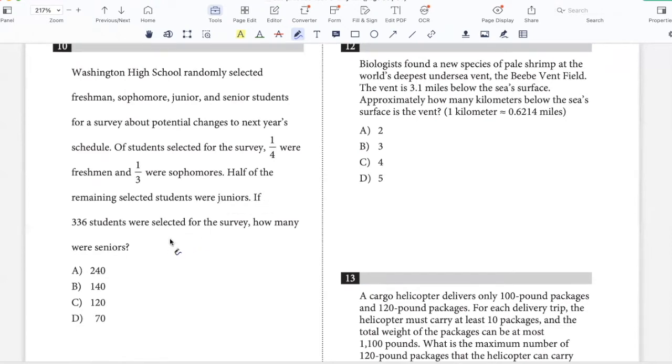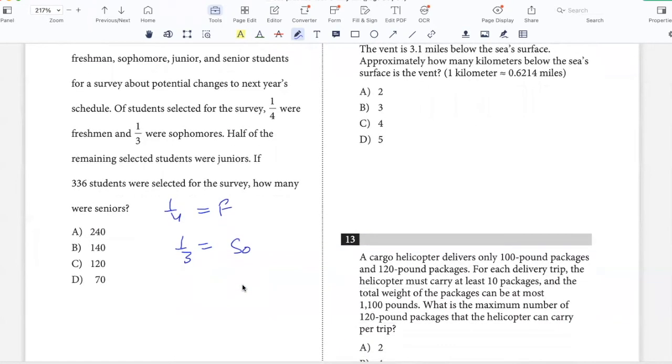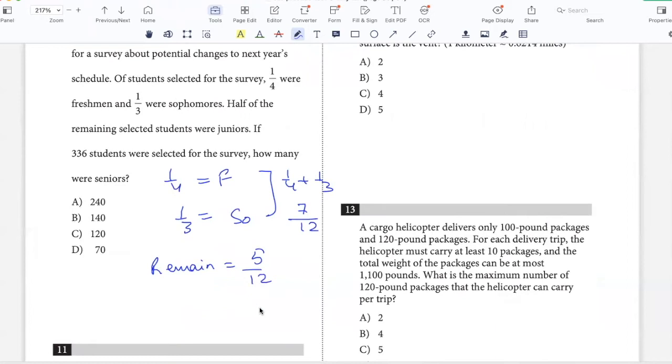Okay, so one-fourth were freshmen, one-third were sophomores, and half of the remaining were juniors. So what is one-fourth plus one-third? That's 7 by 12. So the remaining is 5 by 12, and half of those were juniors.